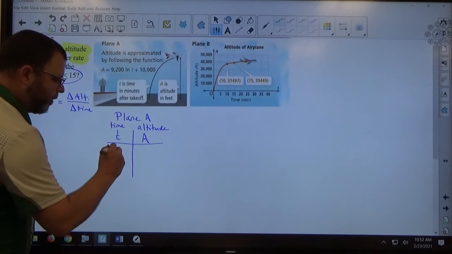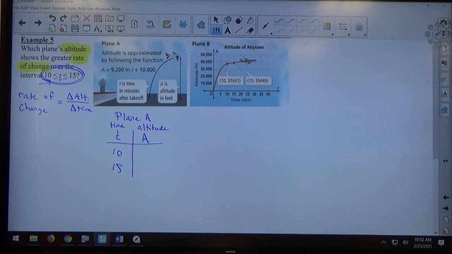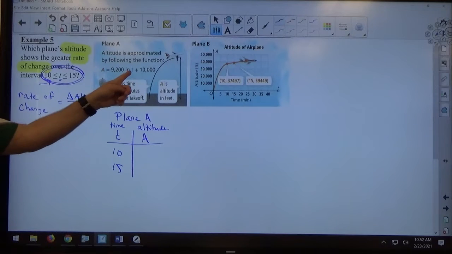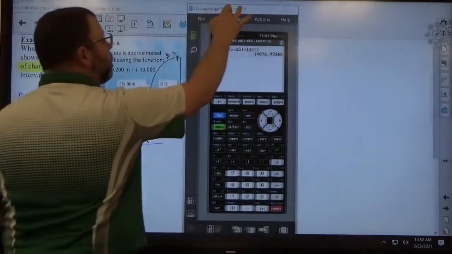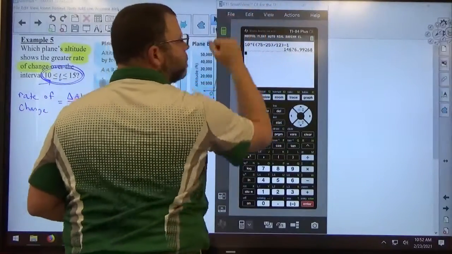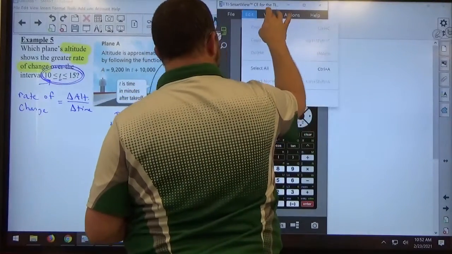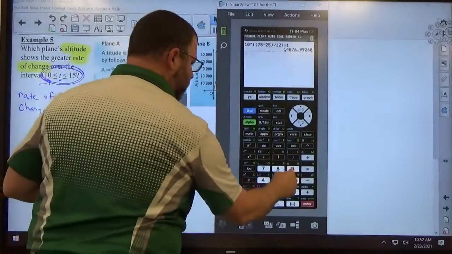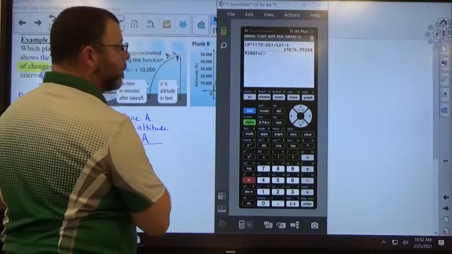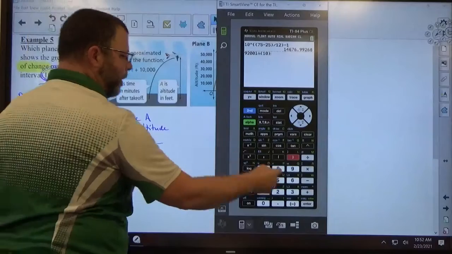So if I know that t is equal to 10 and t is equal to 15, because that's what they told me right here, to figure out what A equals, I'm going to replace t in the function to figure out A. So I'm going to type in 9,200 natural log of 10, end parentheses, plus 10,000.